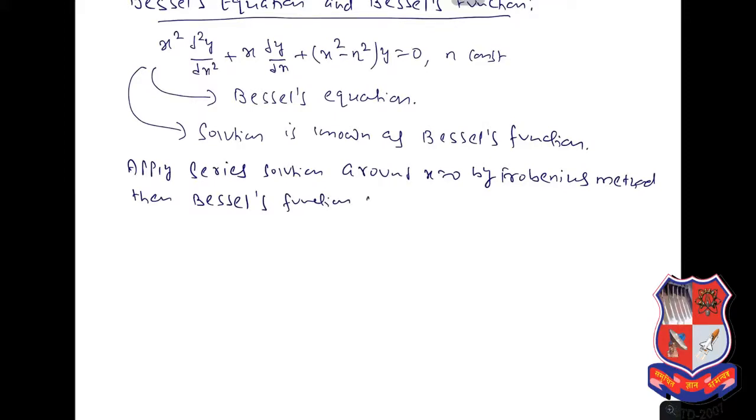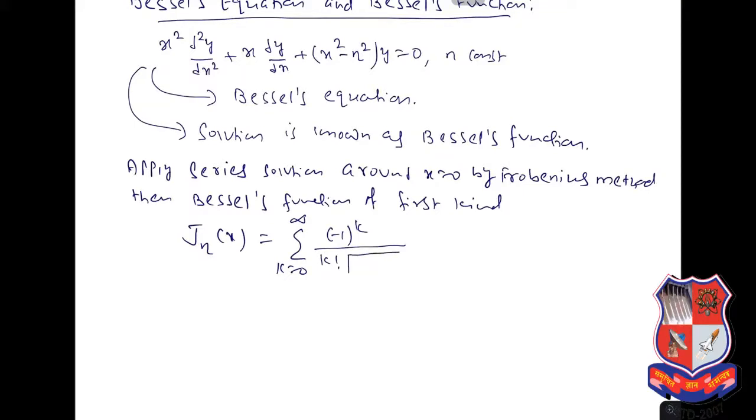We call it the first kind and denote it as J n x, and that formula is the series k equal to 0 to infinity, minus 1 power k over k factorial gamma k plus n plus 1, x by 2 power 2k plus n.